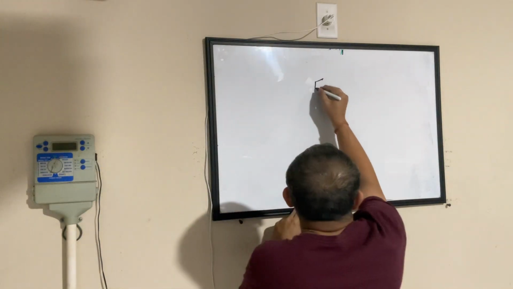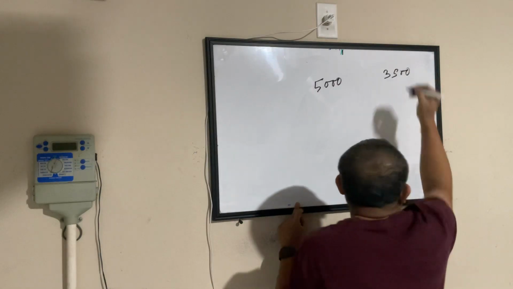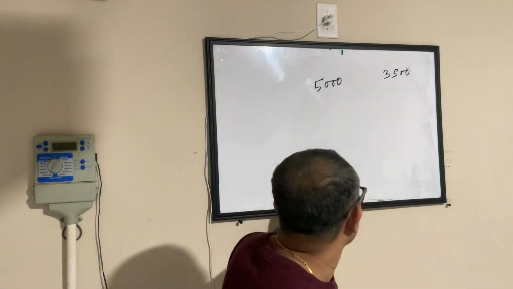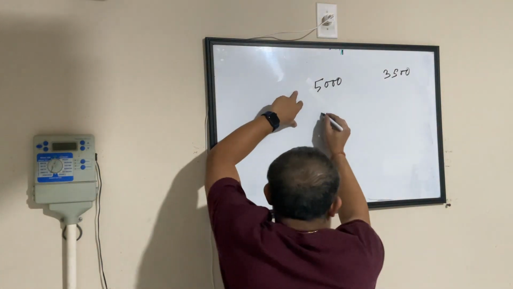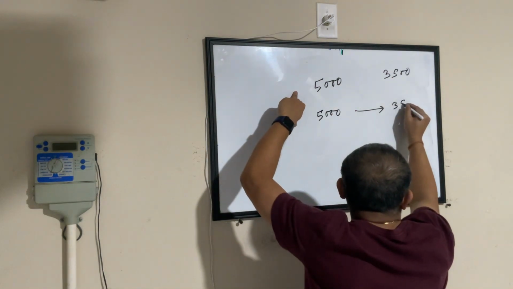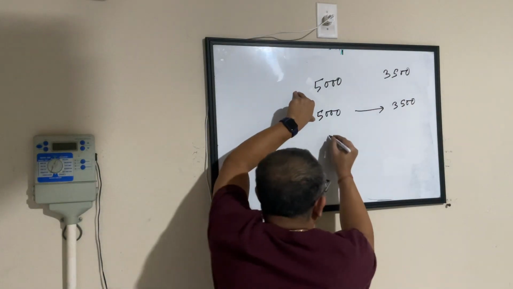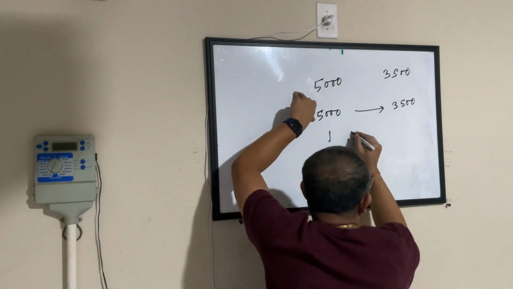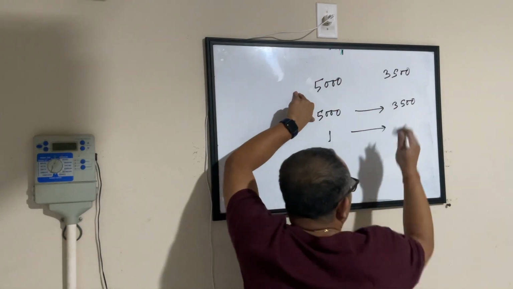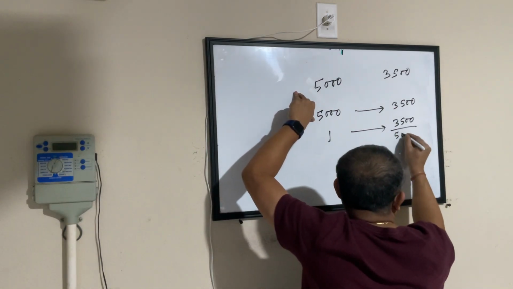I was supposed to get $5,000, I got only $3,500. What percentage did I get? Now, if I was supposed to get $1, how much would I have got? Same theory: 3,500 divided by 5,000.